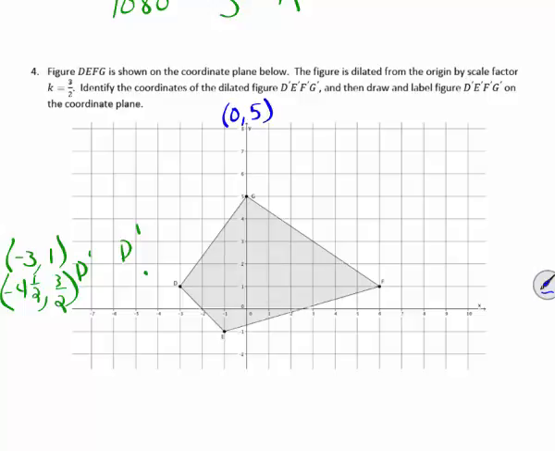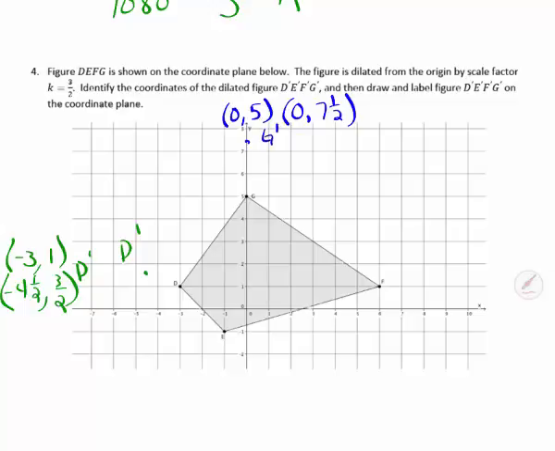So when I multiply it by 3/2, that's still going to give me 0, and 5 times 3/2 is going to give me 7.5. And let's see, that's about right here. So that is G prime.